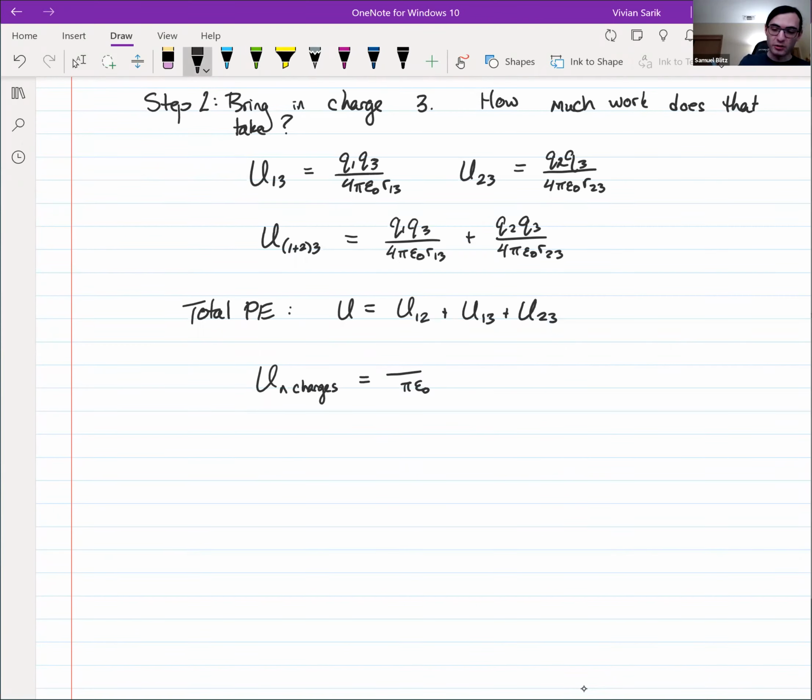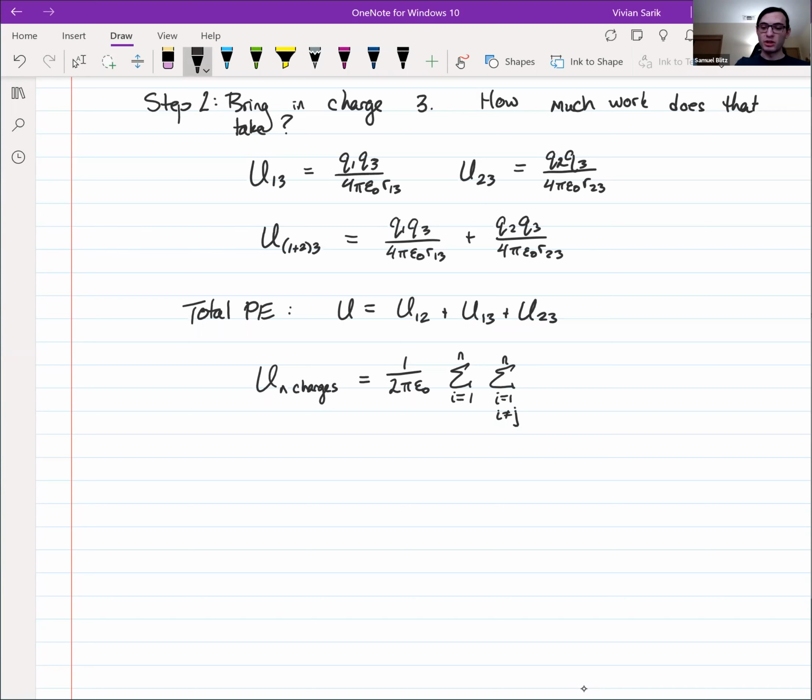The general formula is i equals 1 to n, that should be a lowercase n, and then we also need that i is not equal to j.